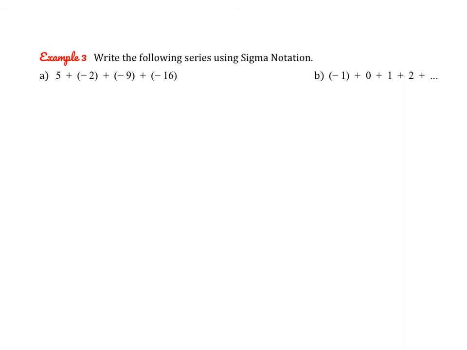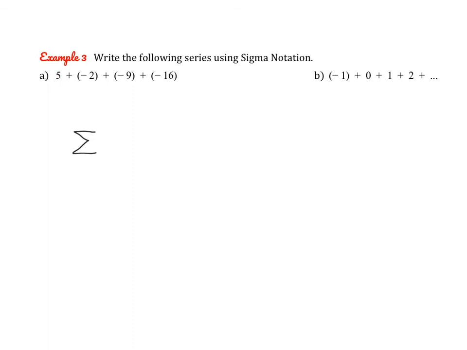All right, so we're going to start by just practicing how to write a series using summation or sigma notation. So let's look at this first series. First I'm looking at it and I can see that I'm adding up 4 terms, so the first 4 terms from a sequence. So I'm going to start by writing my sigma.